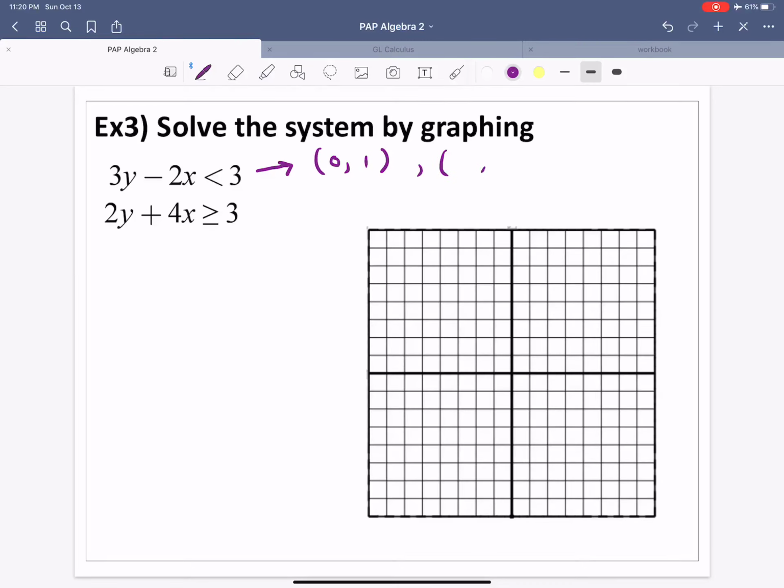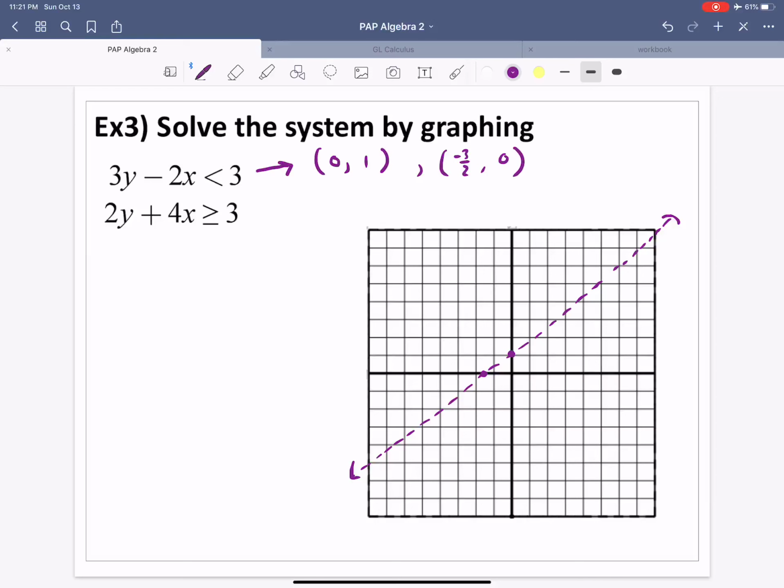And then the x-intercept, you make y equal to 0, and then you solve for x, and you get negative 3 over 2. Okay, so that's (0, 1). And then negative 3 over 2 is negative 1.5. Okay, dashed line, because it is not an or equal to inequality. So draw on your dashed line.